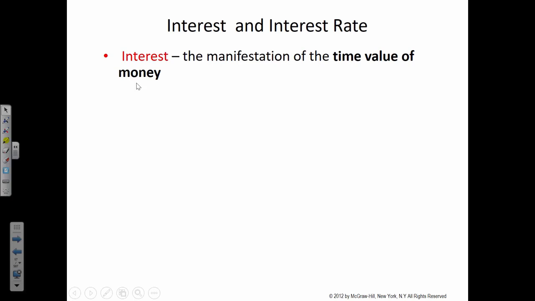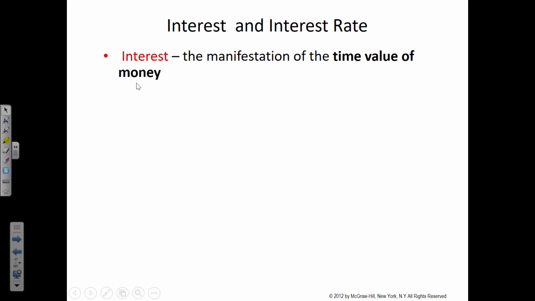Which would you take? Most people would take $1,000 now, unless they don't trust themselves and they want to delay gratification. But most of us would recognize that it's better to have the money now. And it's not just because of immediate gratification. There's actually a rational reason besides just not wanting to wait.